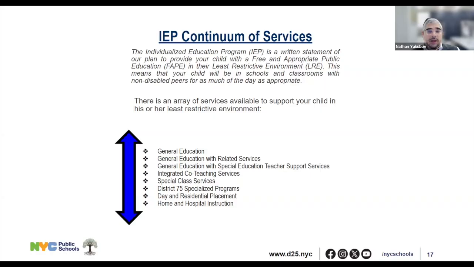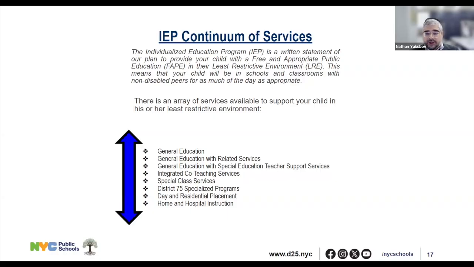They might be in an integrated co-teaching class where you have 2 teachers, one for students with IEPs and one general education teacher, and a portion of the class is students with IEPs, and the rest of the class is typically developing students.